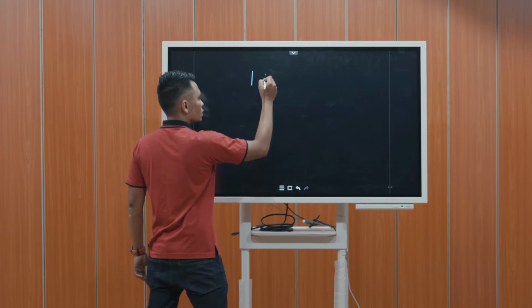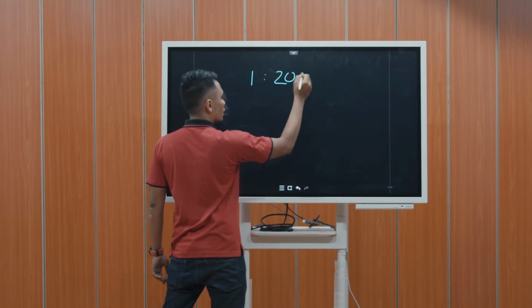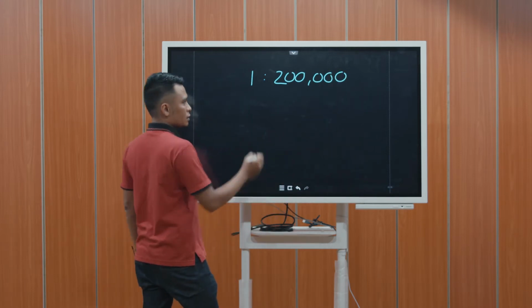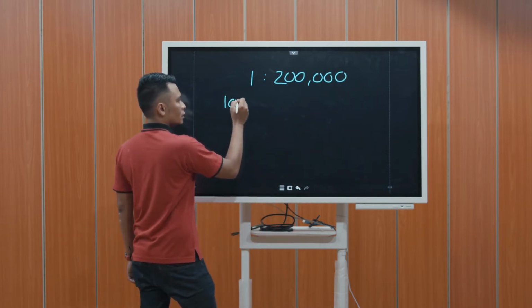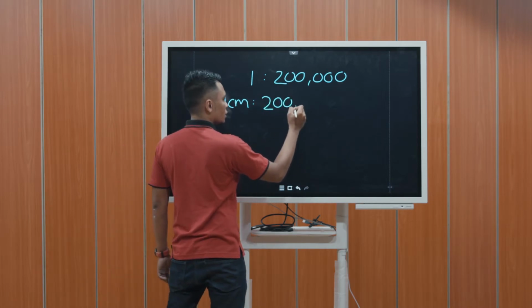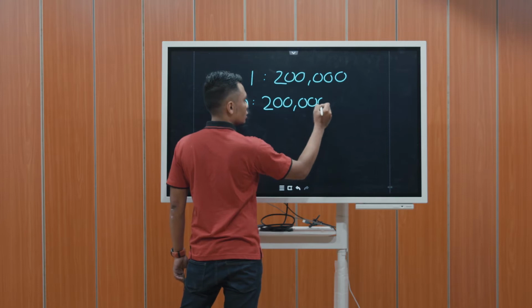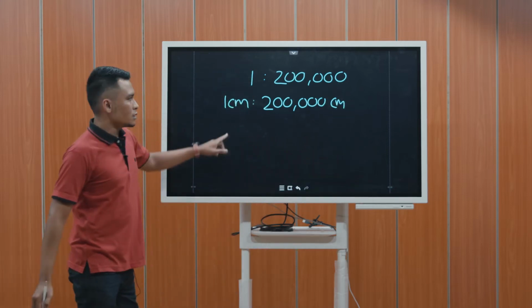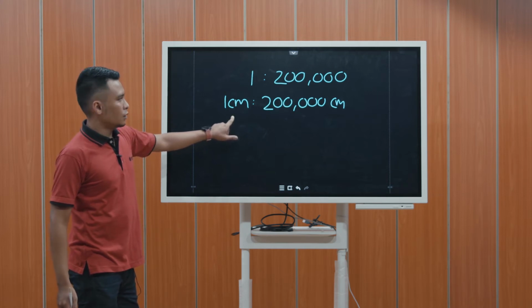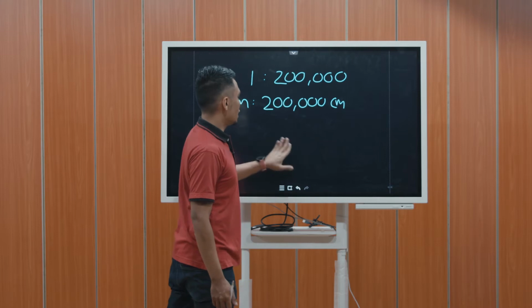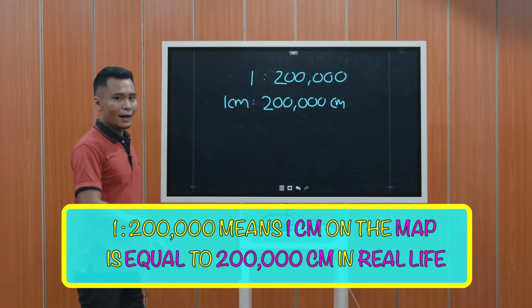One is to 200,000 actually means 1 centimeter is to 200,000 centimeter. 1 centimeter on the map is equivalent to 200,000 centimeter in real life.